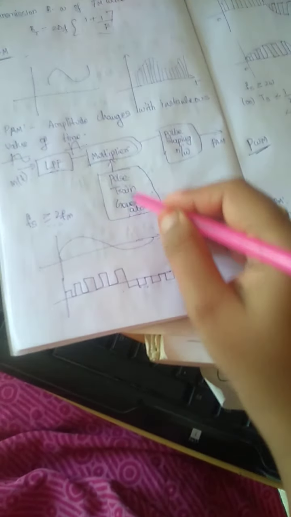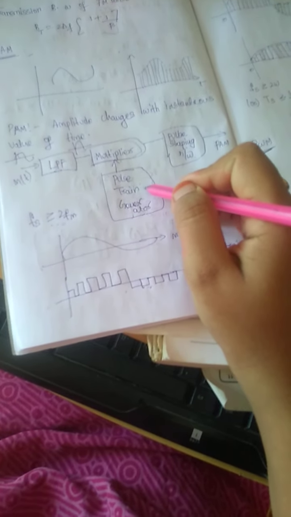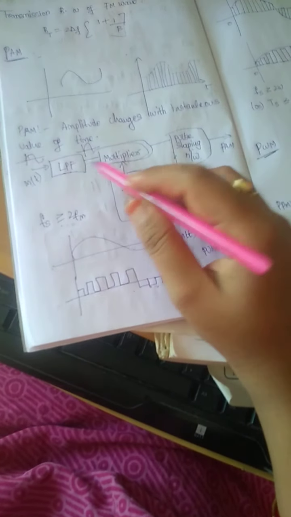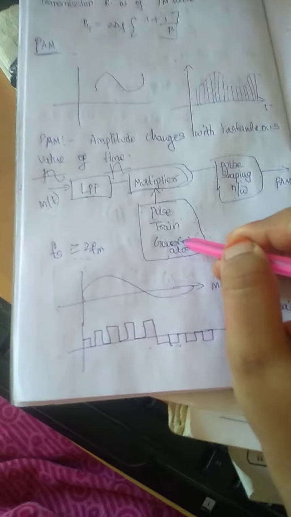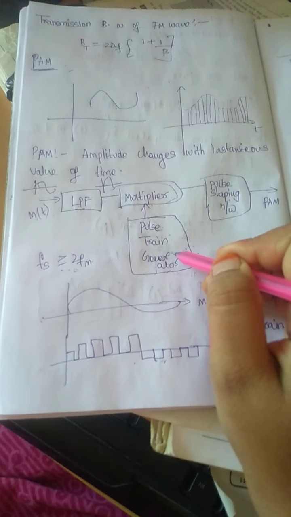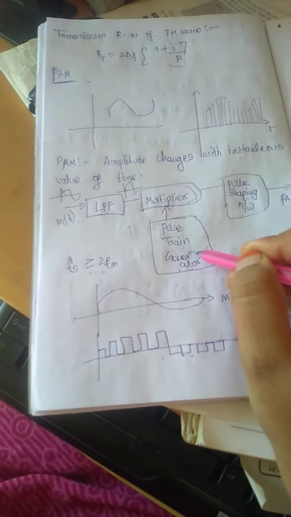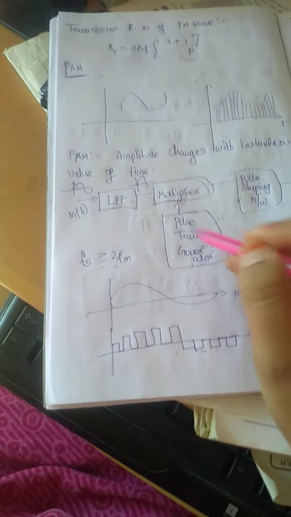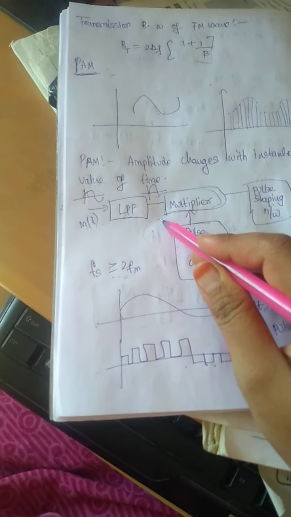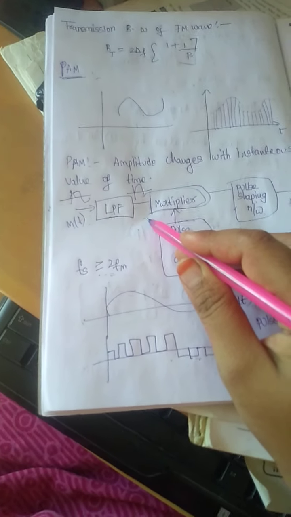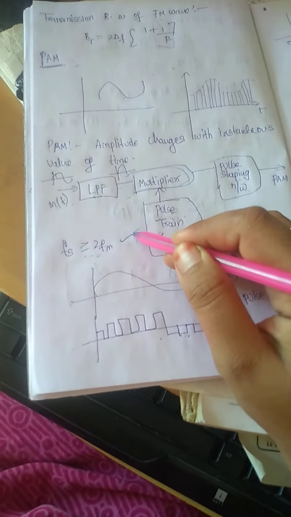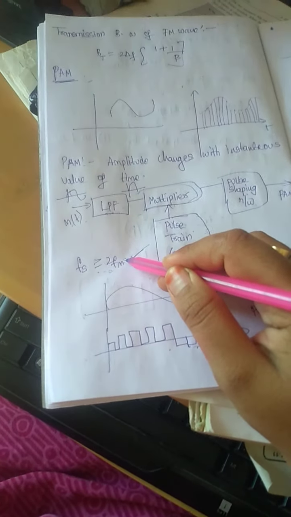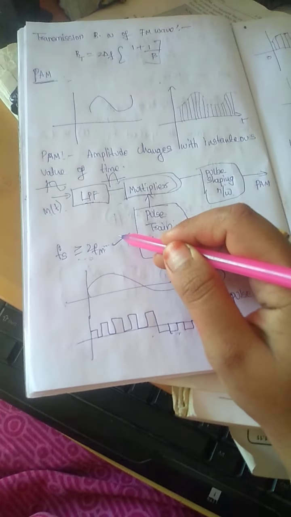This pulse generator is indirectly what we call the carrier signal. For every input we will give a carrier signal, which goes on generating the pulse with respect to the low pass filter signal. Now it is forming the Nyquist rate. When this rate is satisfied, only then can we send the signal without aliasing.